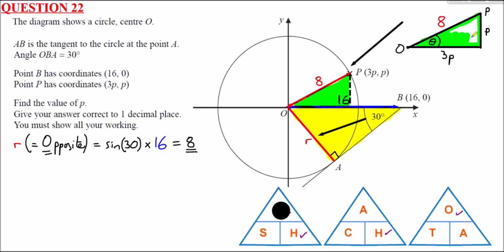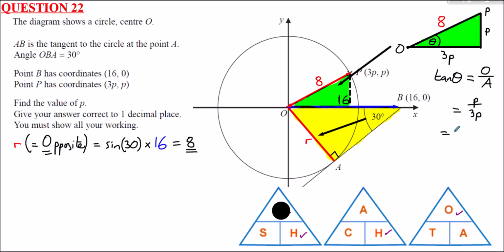Now, I can actually use the tangent function for this one, because if I were to do that, then the P and the 3P would cancel out. So for example, if I were to just write tan theta, tan is the opposite divided by the adjacent, which is P divided by 3P. P on the top, P on the bottom cancels.